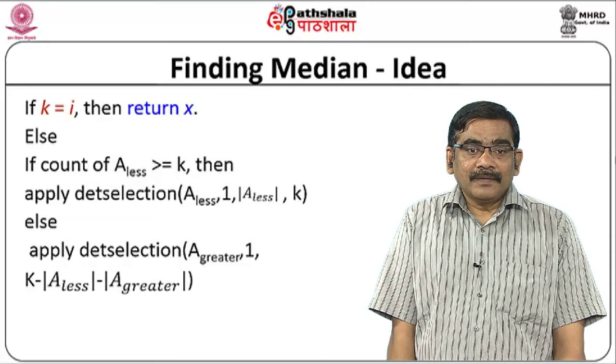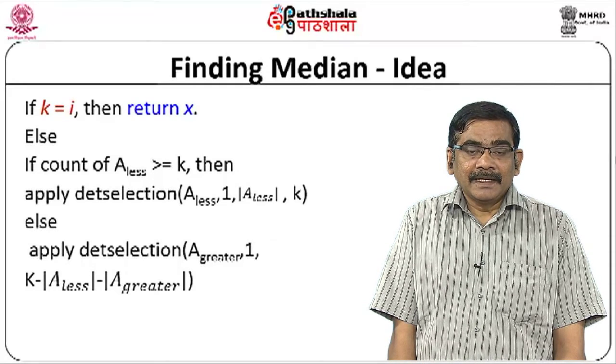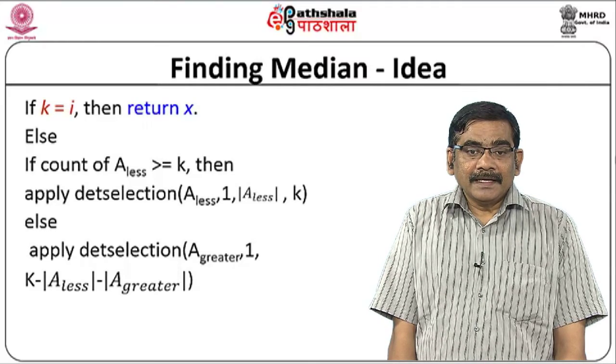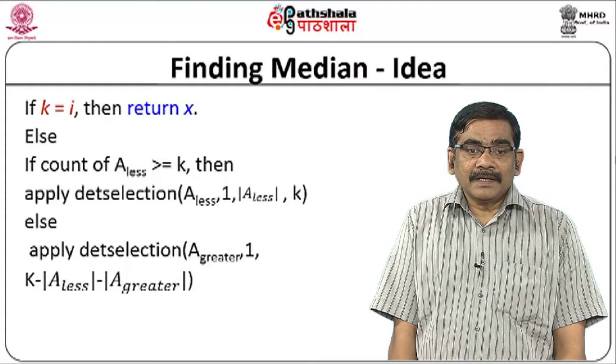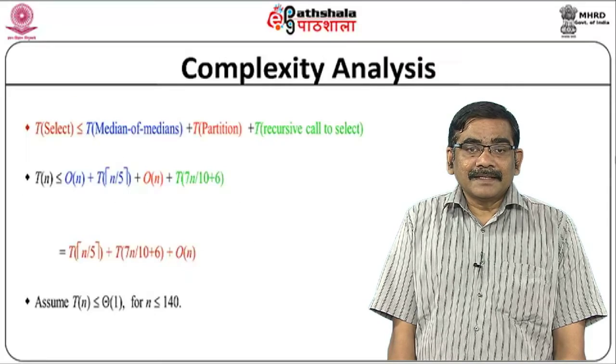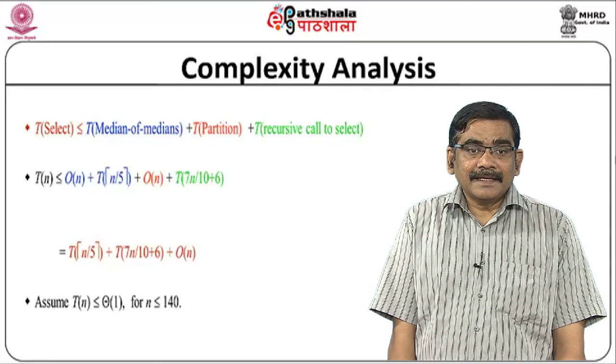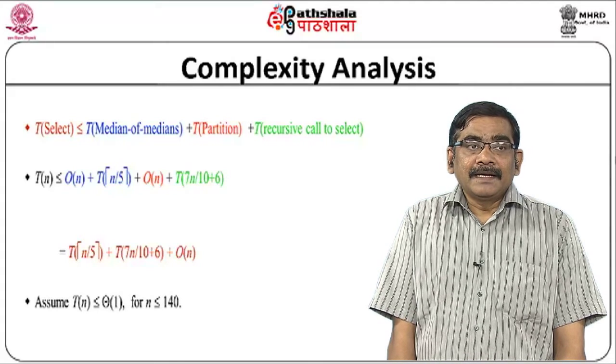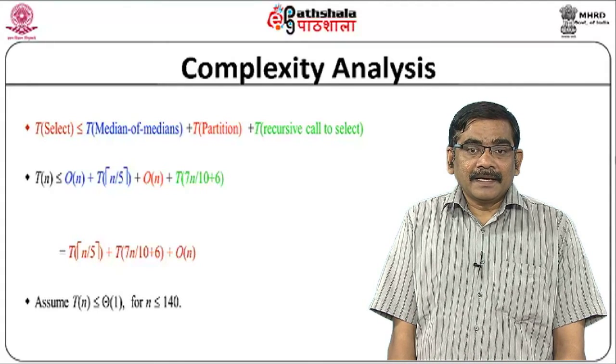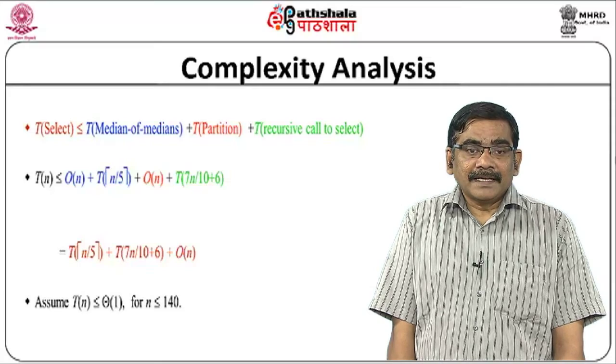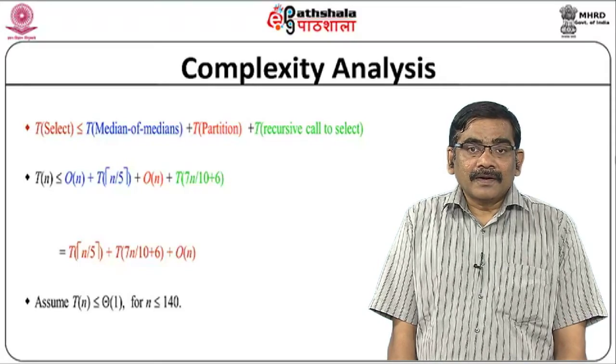Once you have that, you can partition around it. Again using a similar procedure, by recursing on A less and A greater, we can find the median. It is a deterministic median algorithm which guarantees order of n.